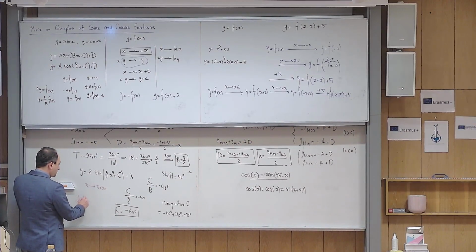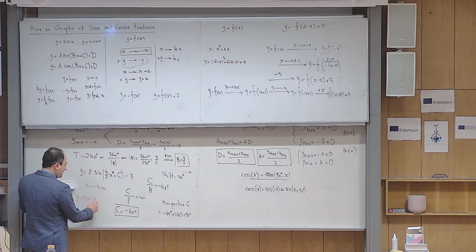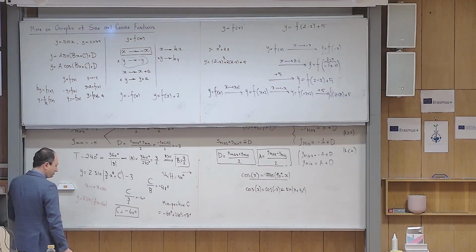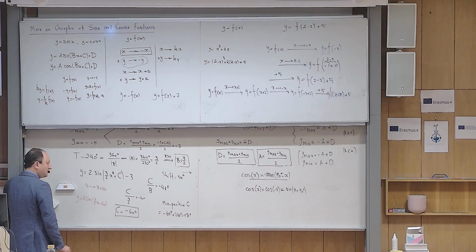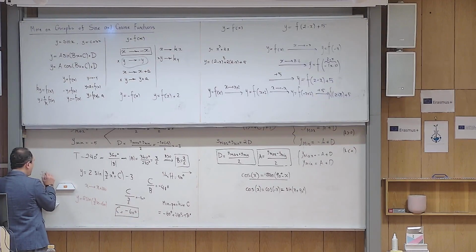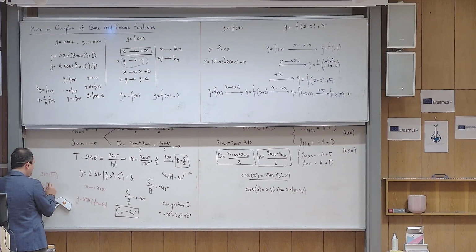So y becomes 2 sine. What we have to check is if they are really the same. Now you are right. But I don't even need to do this, because we know that sine of a box, whatever the box is, is equal to the sine of the box plus 360 degrees.